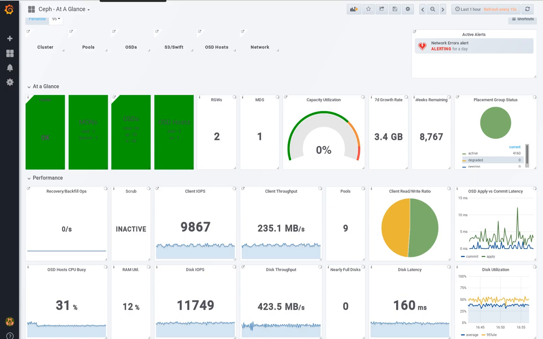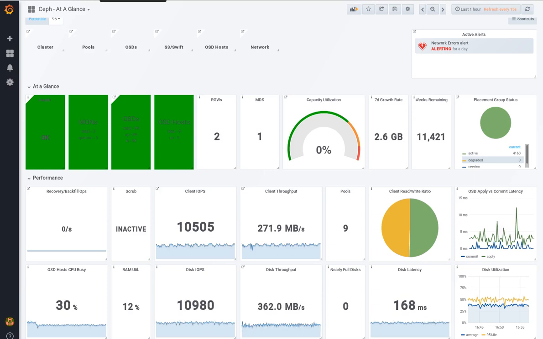Cephmetrics as a project also supports older releases of Ceph through Graphite and collectd, where we put our own collectd collector on each of the nodes, and that gives us awareness for OSDs, RGWs, basically the same sort of dashboards that you can see right now, and the same hierarchy. But anyway, let's talk about where we are right now with the Prometheus side and containers.